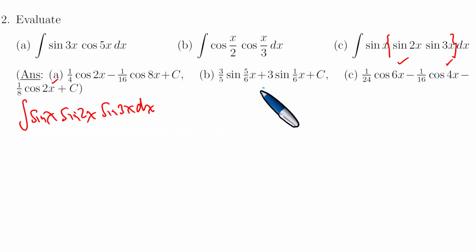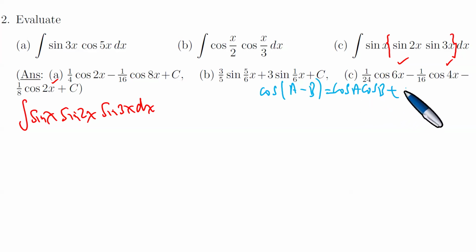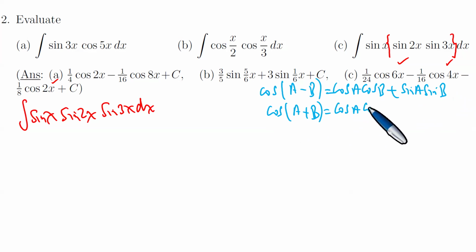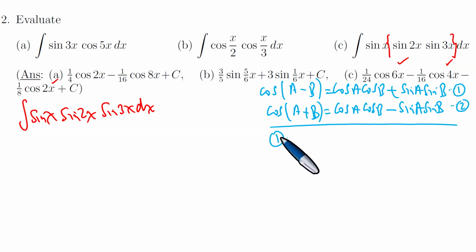So you would need cosine of A minus B, which is cosine A cosine B plus sine A sine B. Cosine of A plus B is cosine A cosine B minus sine A sine B. So that you add them up, cosine of A minus B.